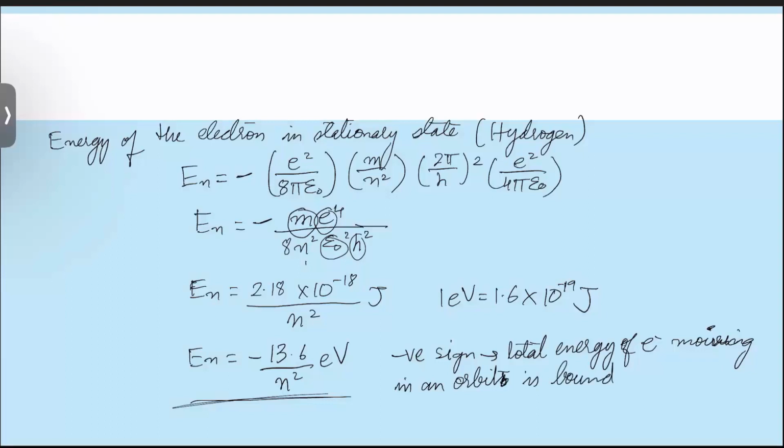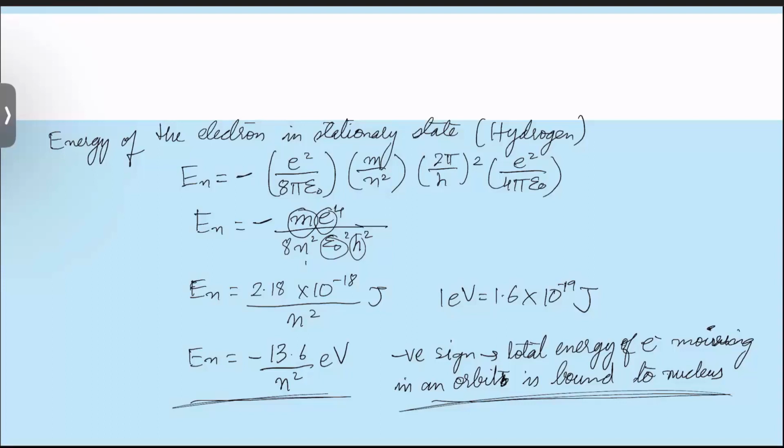We had already seen this previously, even with the experiments that were done before Bohr's postulates, we said that the electrons are bound to the nucleus. So this again is verified with Bohr's model. Energy is needed to remove an electron from the hydrogen atom to a distance that would be considered very, very large with respect to the radius of that orbit. So this is what we see from Bohr's postulate.